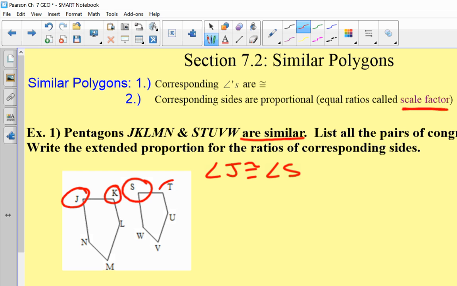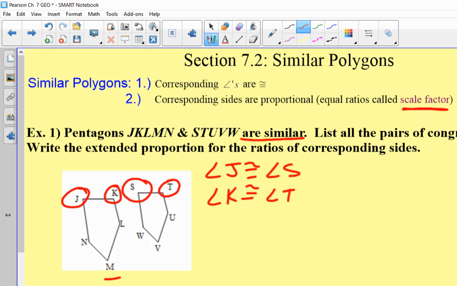So K and T. Angle K is congruent to angle T, okay? And typically you go left to right, okay? Unless you're given specific information, do it small to big or big to small, whichever. But typically, I'm going to start with the figure on the left-hand side and go into the one on the right. And like I said, you could have started anywhere. I could have started down here at M and gone around.